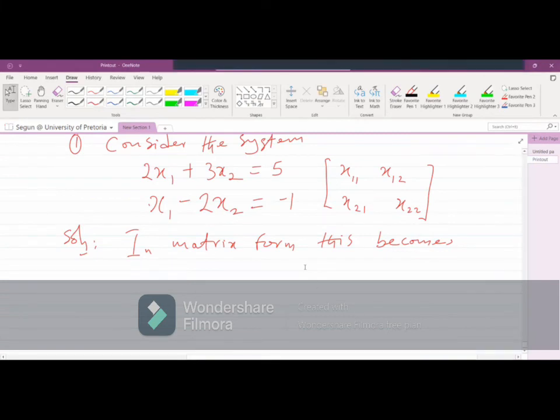Let me quickly explain this one. So the matrix form will be: what is x11 in this case? It's 2. x12 is 3. x21 is 1. x22 is -2.